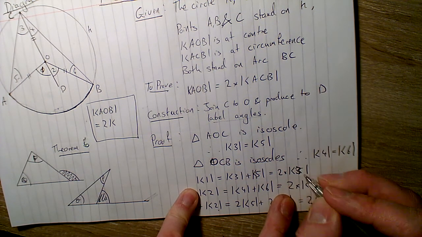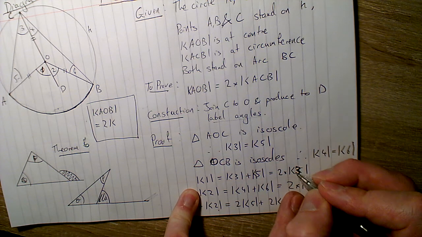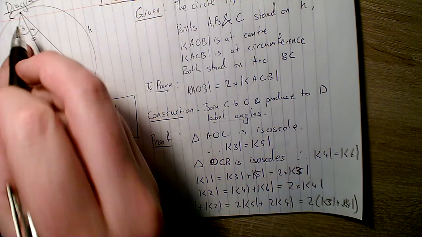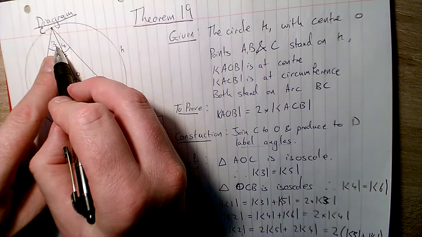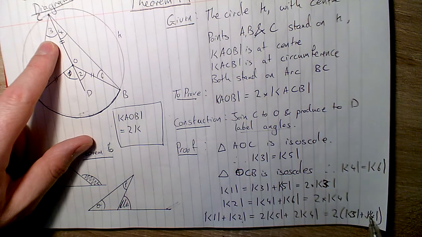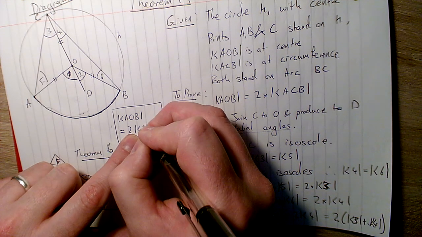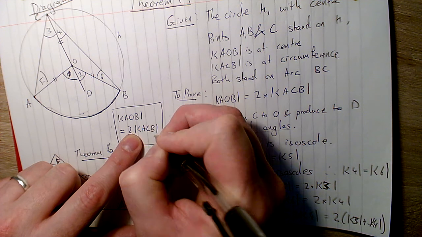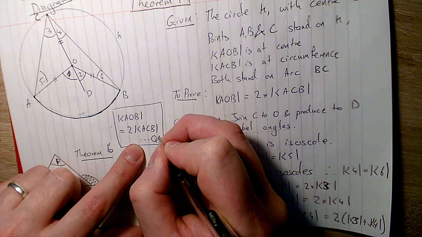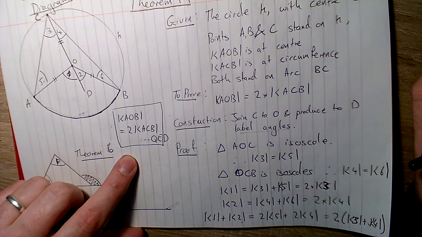Now 3 and 5, remember, are the same size, so it's okay for that to be a 3. So that's twice 3 and 4 together, which is twice the angle ACB. Okay, so there's our conclusion, and that's theorem 19.